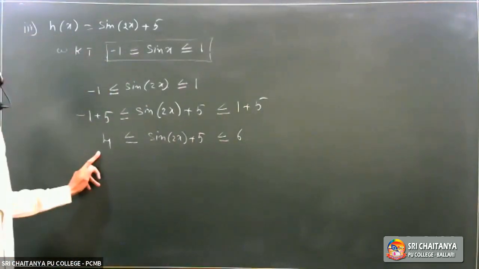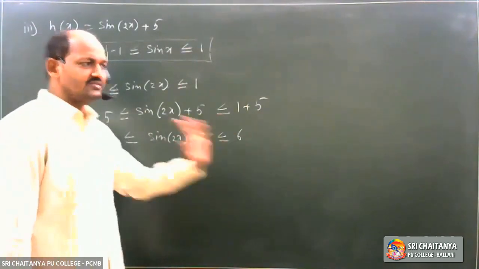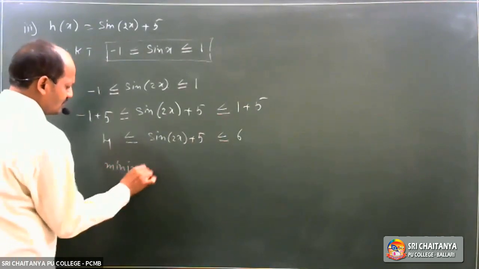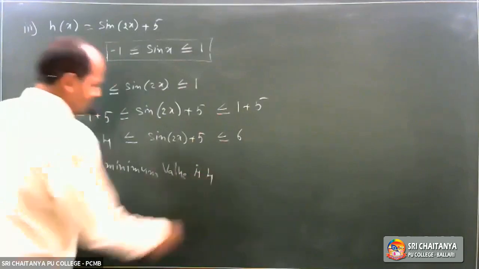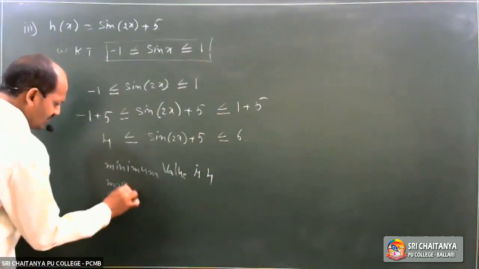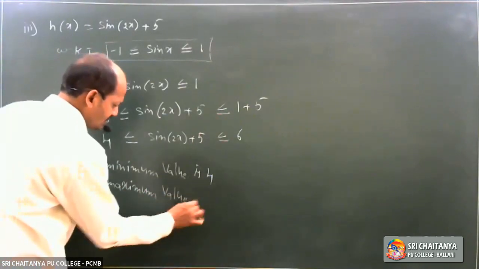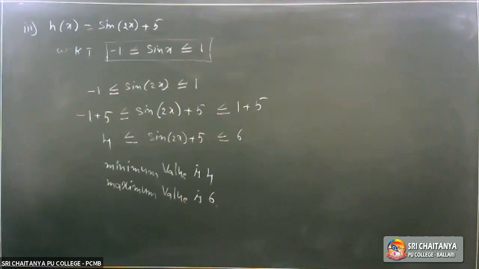So the minimum value is 4, the maximum value is 6. Therefore, the minimum value is 4, the maximum value is 6.